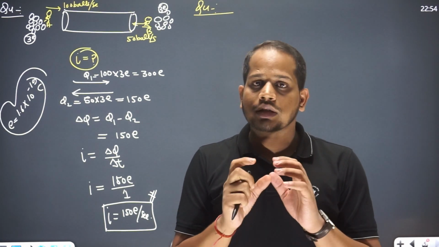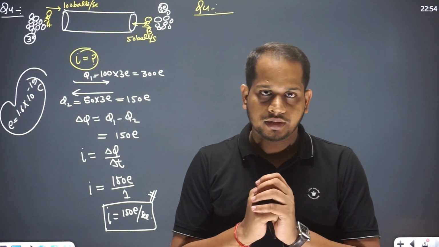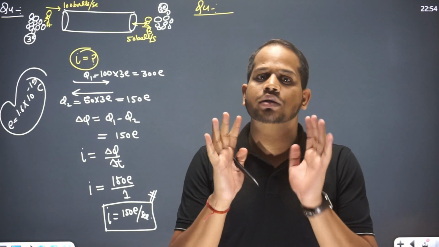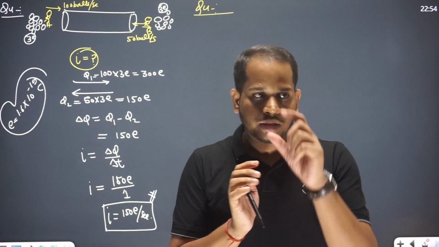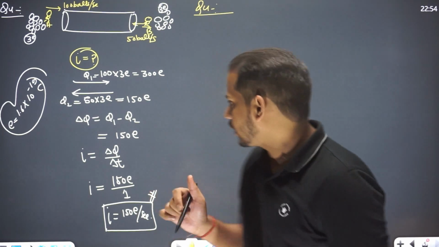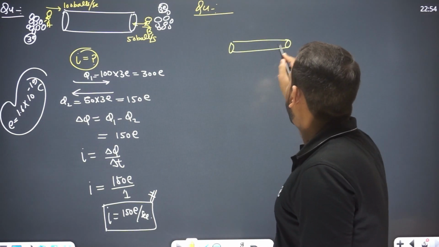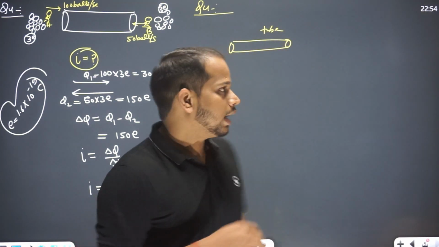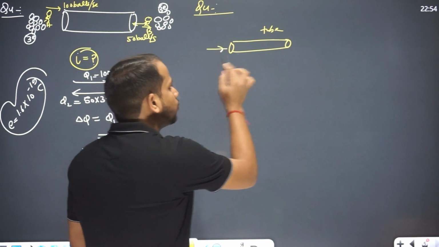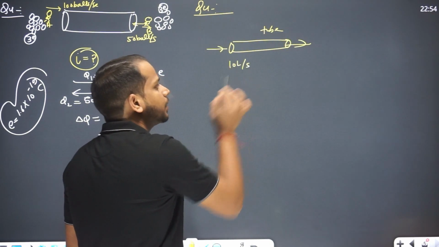Actually, if I am saying there is a flow, the flow is a very important aspect for us, any type of flow. In general, I am taking a water flow. Let's see here. If there is a water tube, and it has the ability to flow a maximum of 10 liter water per second, right?